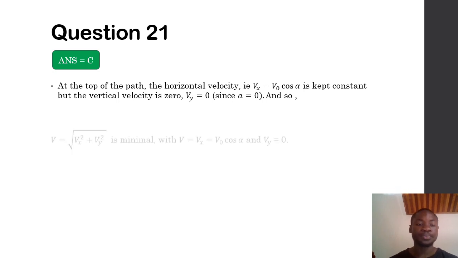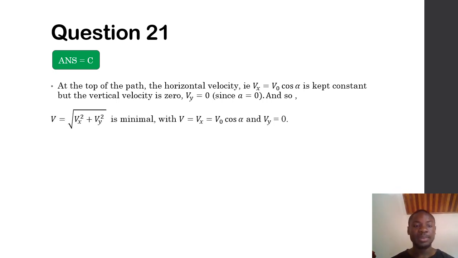And so V, the square root of Vx squared plus Vy squared, will be minimal, with V equal to Vx equal to V0 cos alpha and Vy equal to 0. So the speed is minimal and it is not null, that is, it is not 0. Take note.